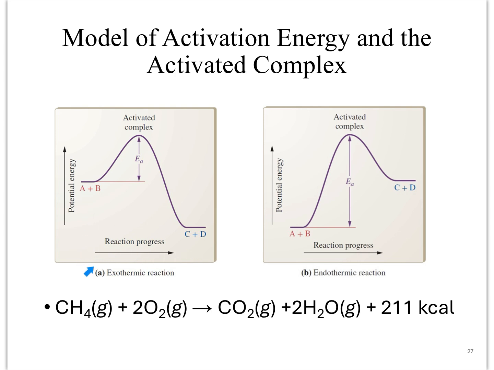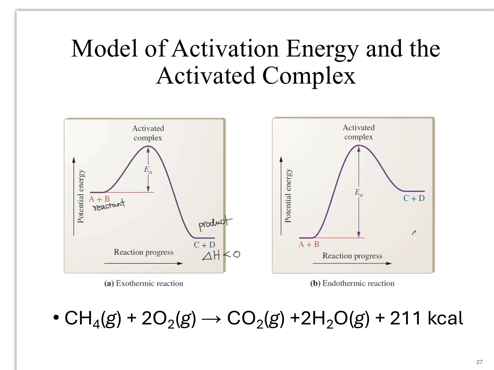It's basically the reactant to the product or products. And what we are seeing here is, for an exothermic reaction, your product will always have a lower energy compared to the reactant, because that delta H will get a negative sign. And for the endothermic reaction, the delta H will be a positive sign.